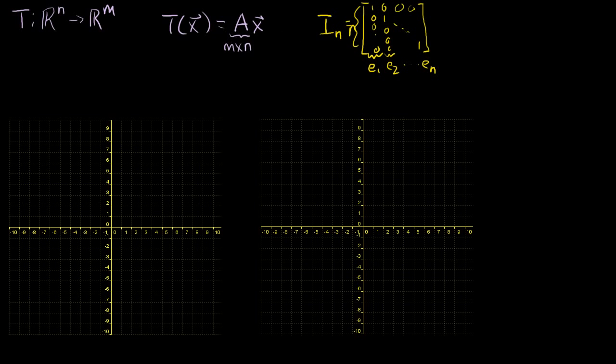And we know that our matrix A can be represented as the transformation being operated on each of these columns. So the transformation of e1, and the transformation of e2, and so forth and so on, all the way to the transformation of en.